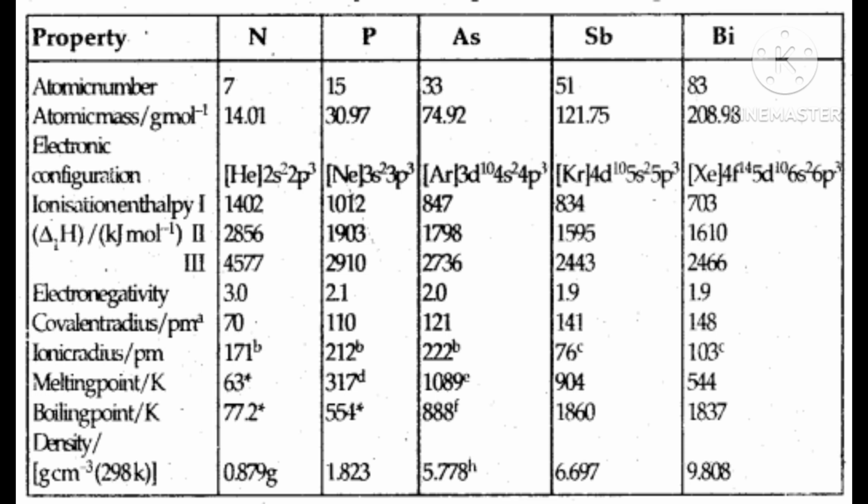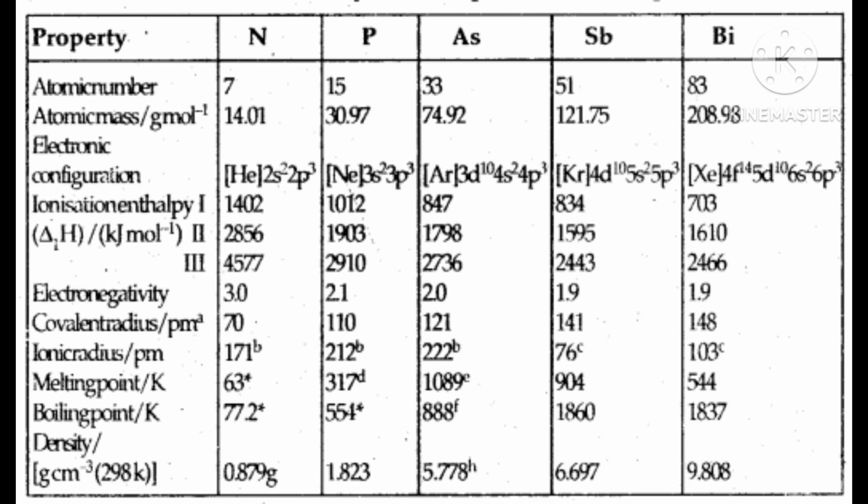PO4 has 4 oxygens, so 4 coordination involving s, p and d orbitals contributing to the pi bond. But in NO3, 3 coordination number with a pi bond involving one nitrogen p orbital.